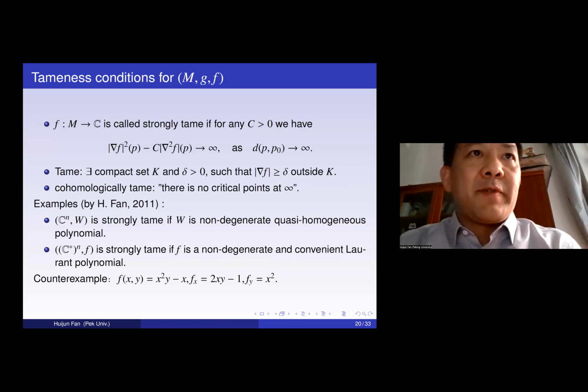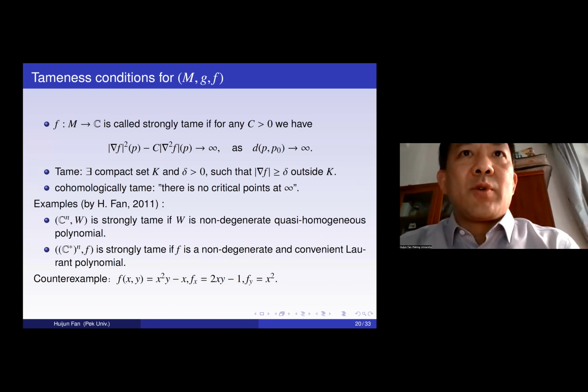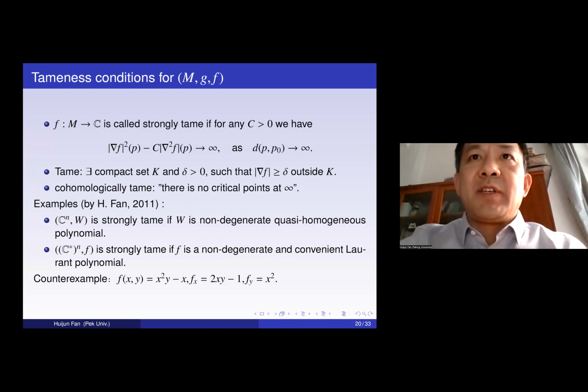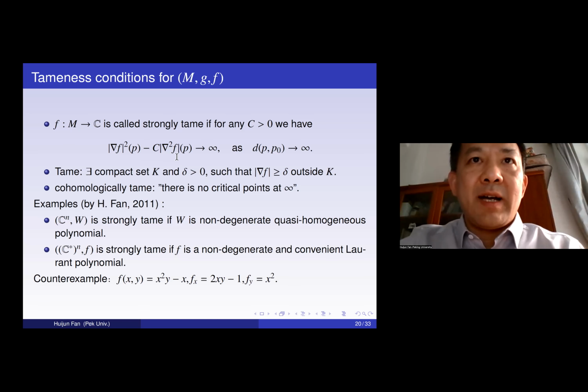The holomorphic function F is called strongly tame if for any C greater than 0, we have this growth condition: the norm of nabla F squared minus C times the norm of the second derivative of F should go to infinity as the distance goes to infinity.